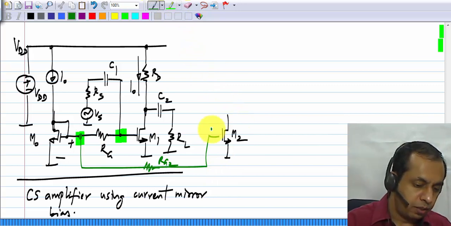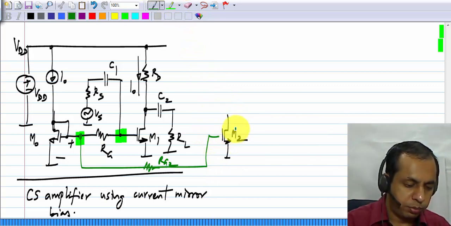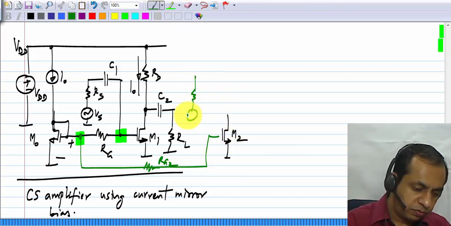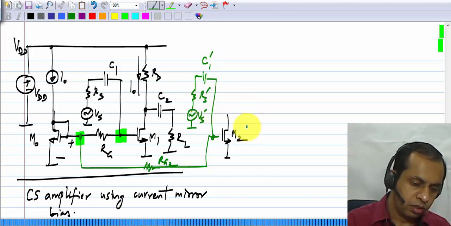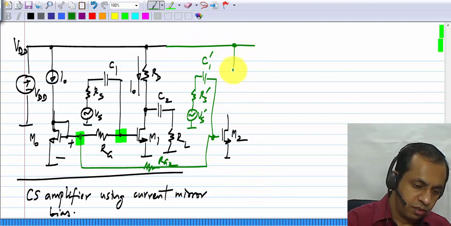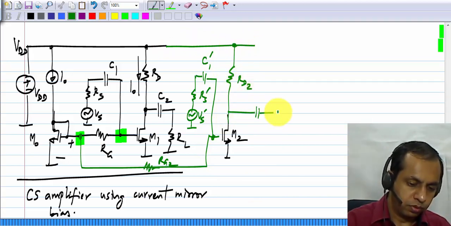And whatever signal we want to connect to M2, we connect it through another coupling capacitor, and we can realize yet another common source amplifier using M2.